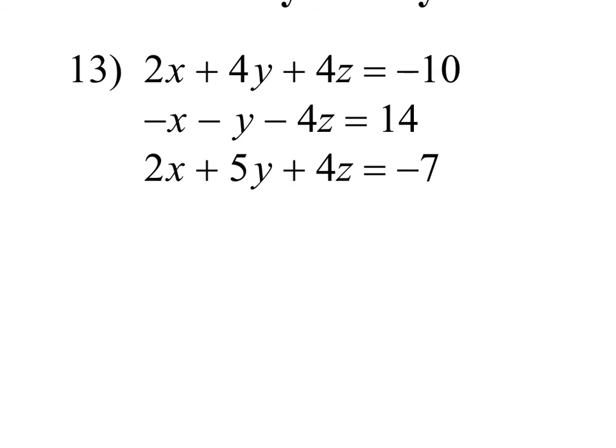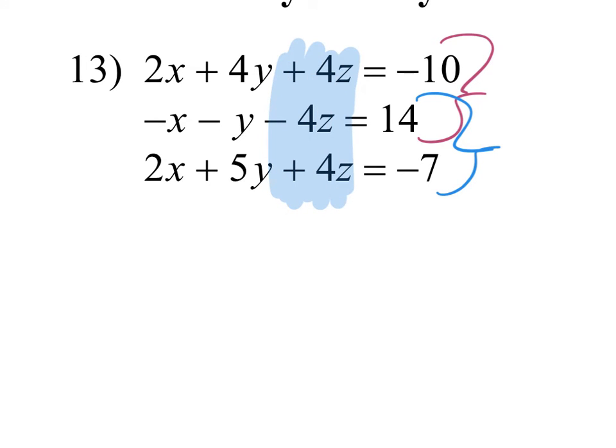So we can pick these 2 equations to start, and then do these 2 equations, and eliminate z, and we wouldn't have to multiply by anything. If we picked x, we would have to multiply everything in the second equation by 2, which we could do, but it's just a whole other step. So let's work on eliminating z.